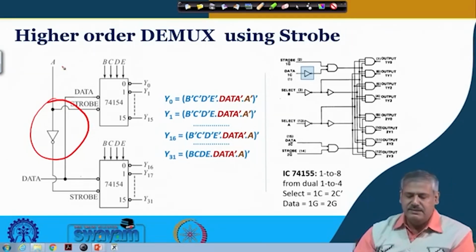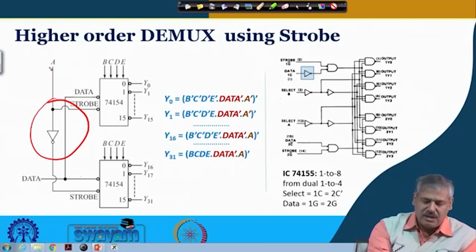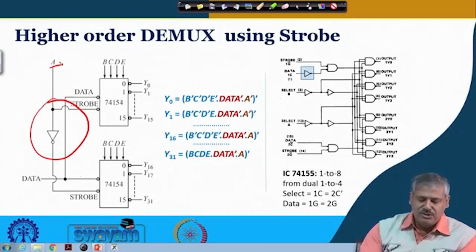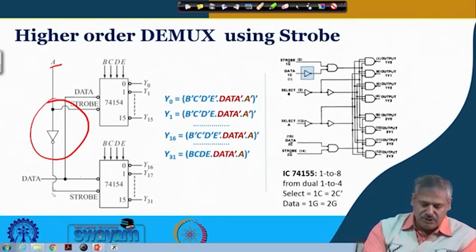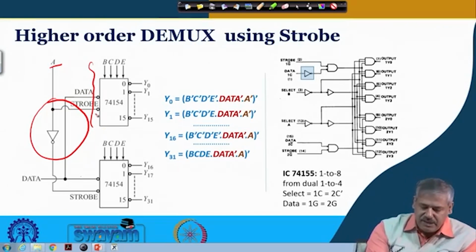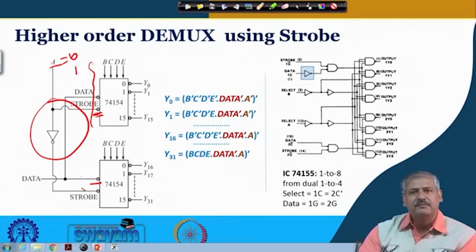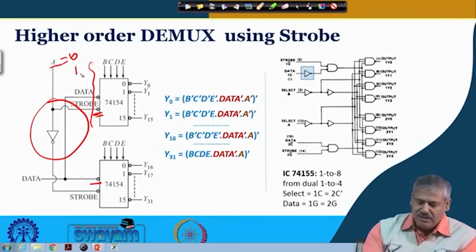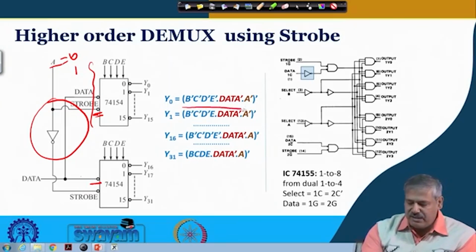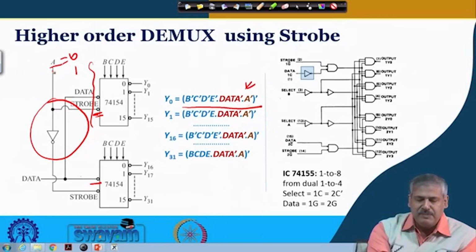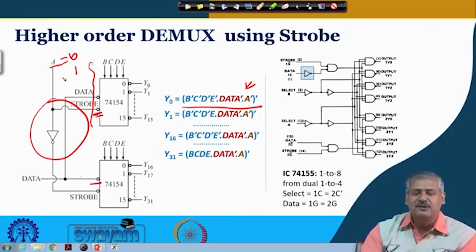So when A is high, then this is low, so this block is getting selected, and when A is low, this is active low, so this one is getting selected, and when A is 1, this one is getting selected, right. So this is the corresponding equation, so you can follow this equation. So basically this A prime now becomes the higher order select line.